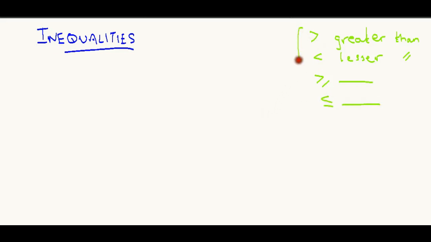So with these signs, if an algebraic sentence is written, we call that sentence an inequality.